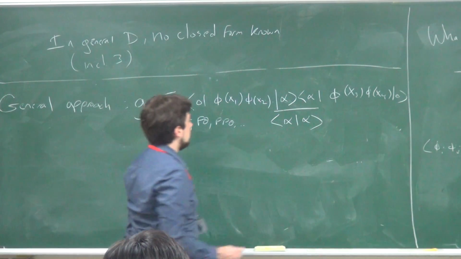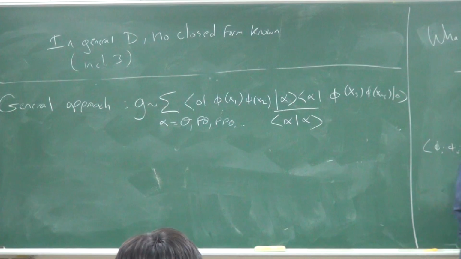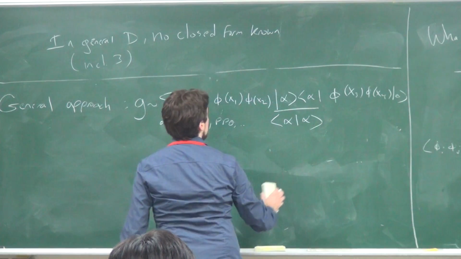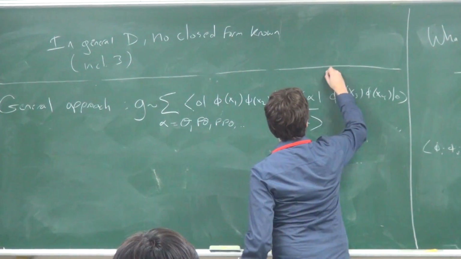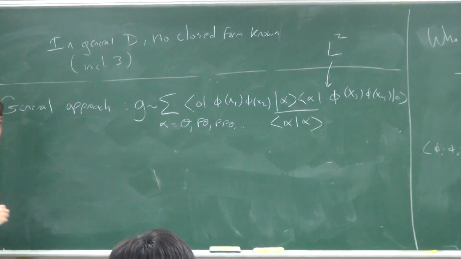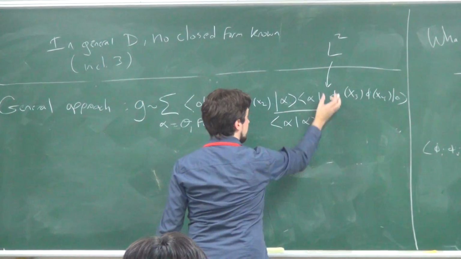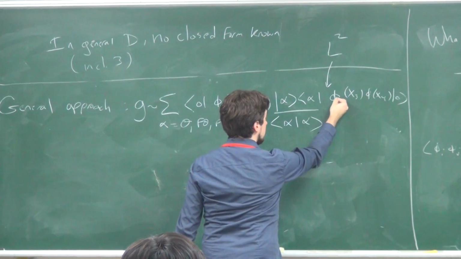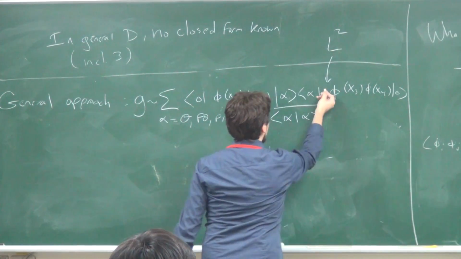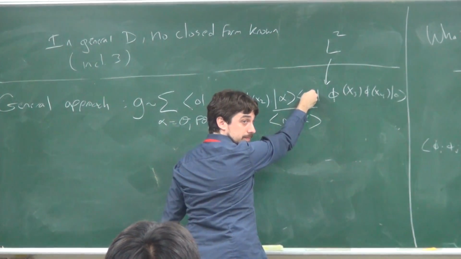And actually, this representation makes it clear why G should satisfy a Casimir differential equation. Because one thing I can do is insert the Casimir operator, I'll call it L squared, into this expression. And I can either act with L squared to the right, in which case it gives me some differential operator in x3 and x4, or I can act with L squared to the left, in which case it gives me the eigenvalue of the state alpha.